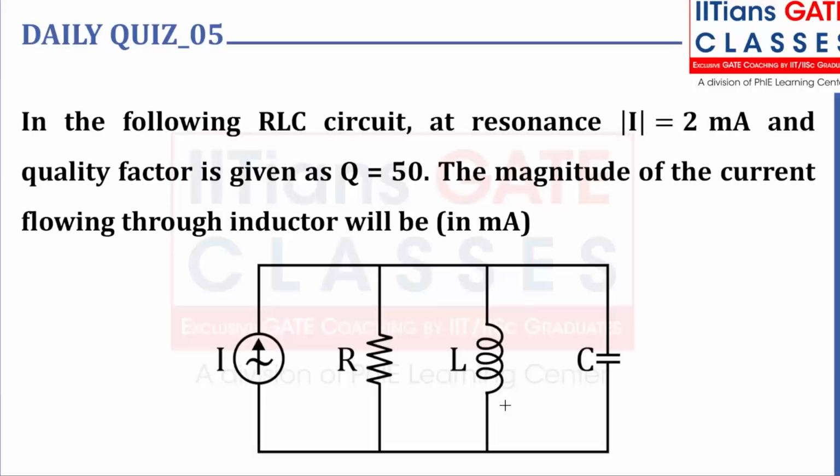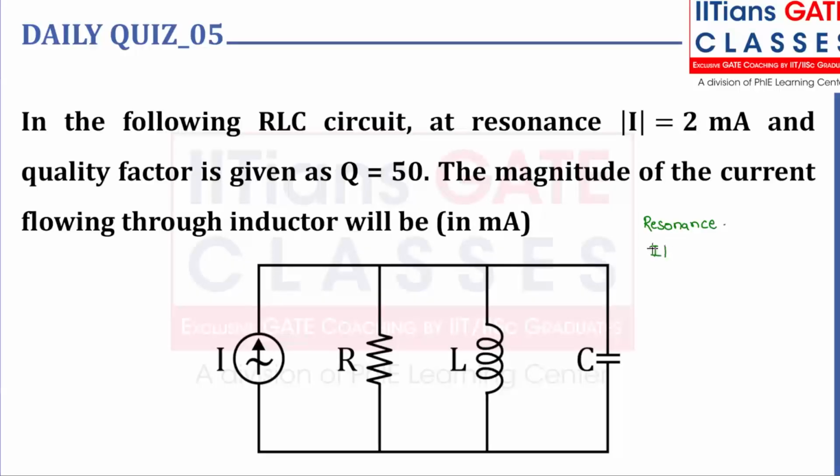Next question: in the following RLC circuit at resonance, the magnitude of current is equal to 2 milliampere. Quality factor is given as 50. The magnitude of current flowing through the inductor in milliampere will be? Okay. So at resonance, we know that whatever current is flowing through the circuit will flow completely through this resistor.